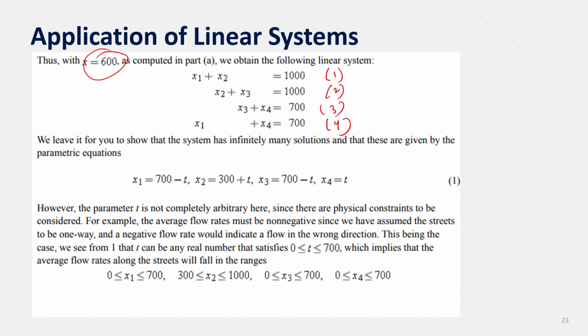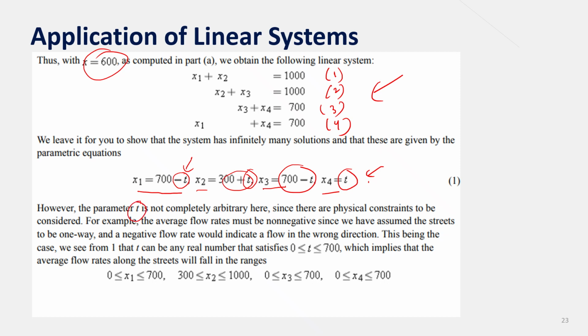Later on, please try to calculate this. You will find that x1 equals 700 minus t, x2 is 300 plus t, x3 is 700 minus t, and x4 is equal to some value, and it's parametric in t.